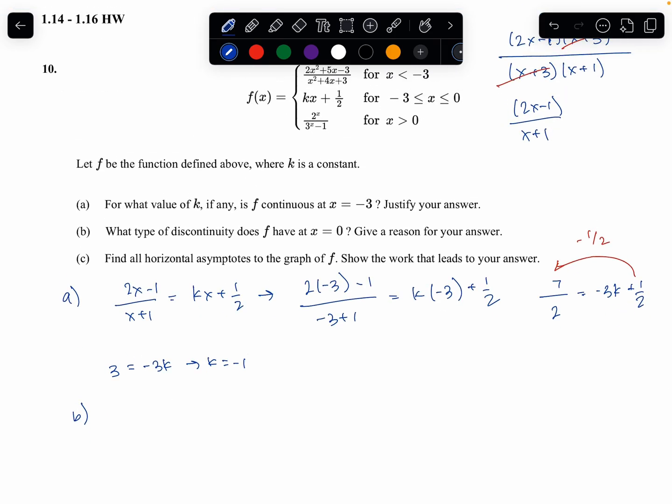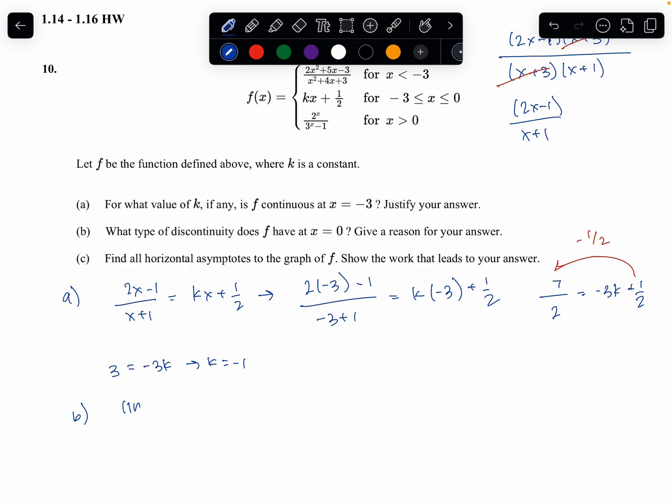Okay, at x equals 0, well, let's see here. If I plug in 0 here, I get 1/2.